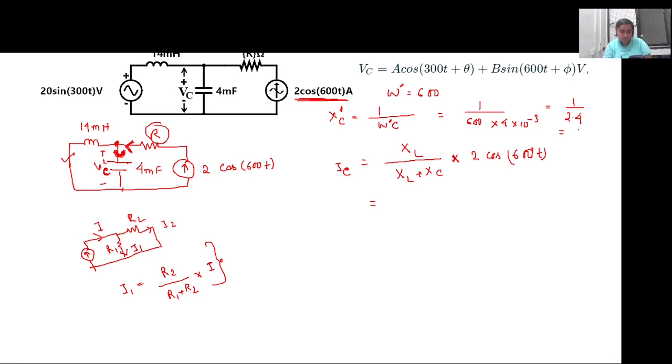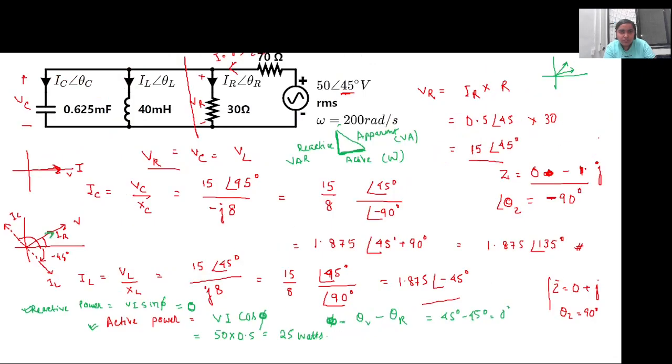No problem. Ma'am, I have one more doubt. In the previous one, we found I as 0.5 angle 45 degrees. In the previous question? Yes, ma'am. We found that minus J turns into minus 90 degrees. But now you find that minus J turns into 180 degrees, ma'am.